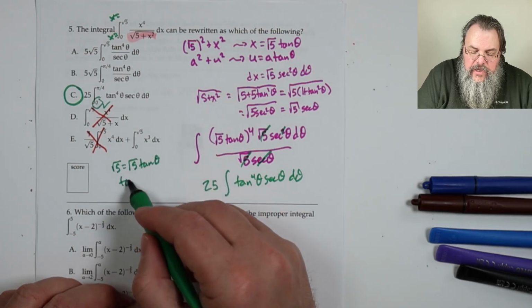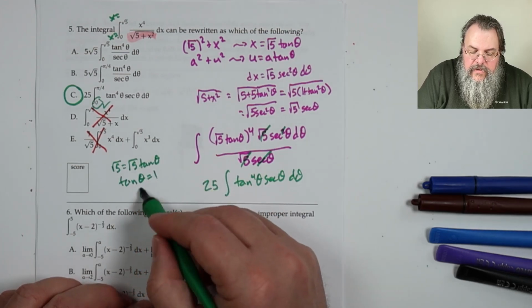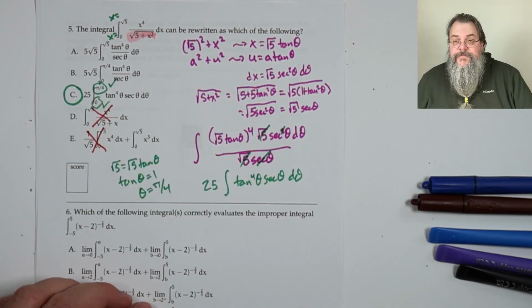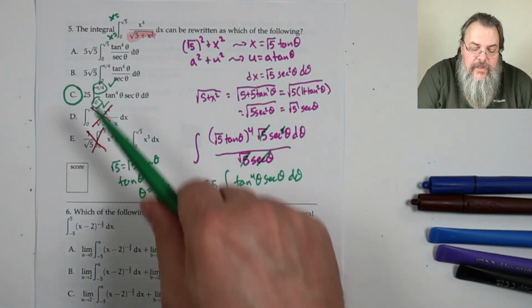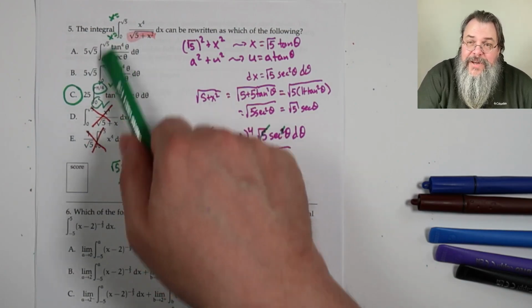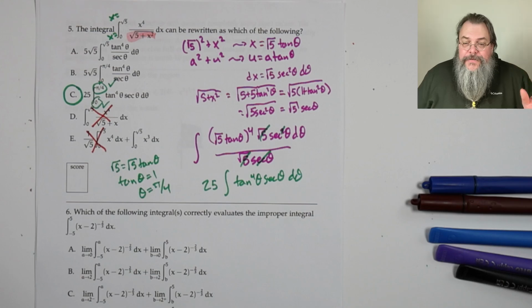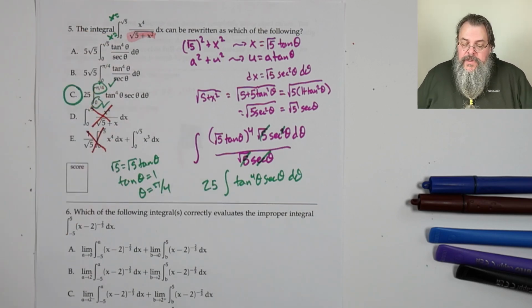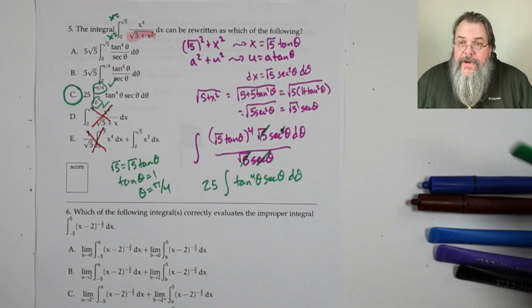That says tangent theta equals 1, and that is at pi fourths, which does match the upper bound. All right, and you'll notice that here, they said forgot to change your bounds. So make sure, if you have bounds, update them. Sometimes they'll be similar right up to the bounds. But, all right, that's number 5.